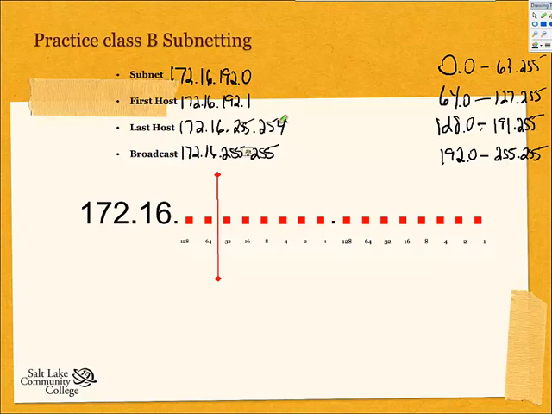But it's correct, because once again, if we look at that last number 192, the last possibility in this range is going to be all of these on, and after 192 turning all of these on is 255. And the rule is the same. We turn all the bits on in the host if we want to broadcast, and the last possible host number will have 1 bit off.